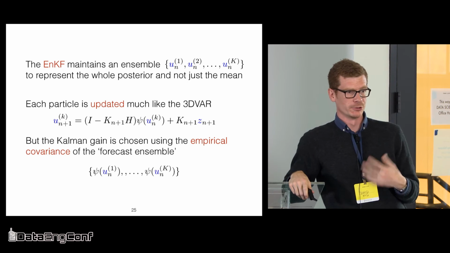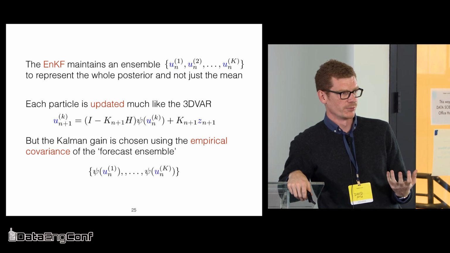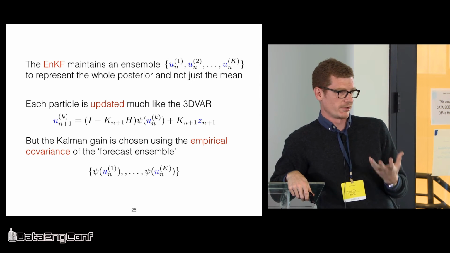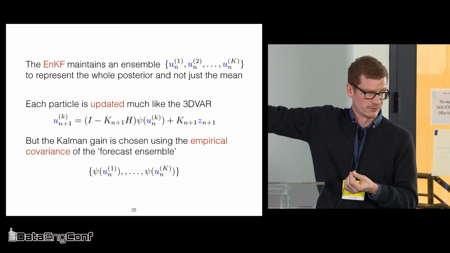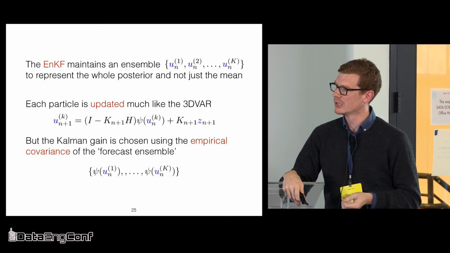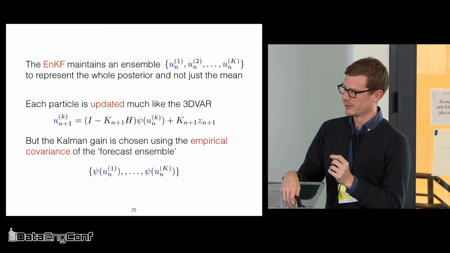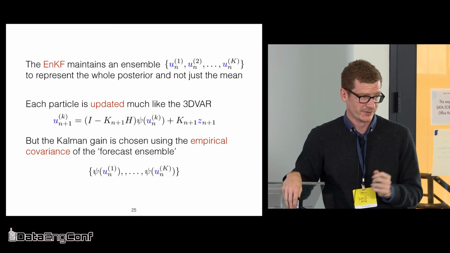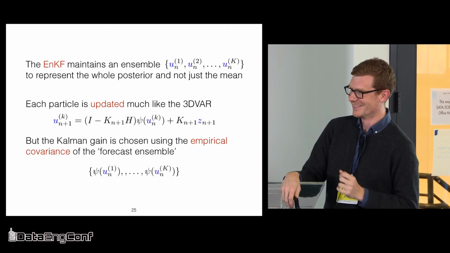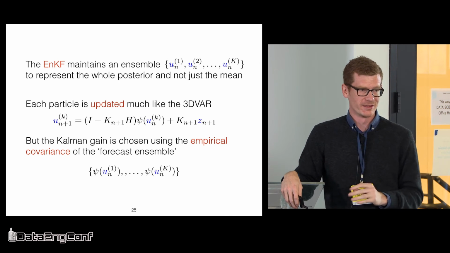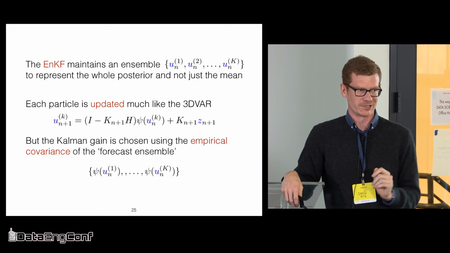In particular, the mean of your ensemble should be close to the mean of this distribution, and the covariance of that ensemble should tell you something about the covariance of this distribution. So the EnKF, as it's called, is what Canada uses, and it's better. And Europe uses it in combination with a few other things, and Europe are kind of state-of-the-art at weather prediction.